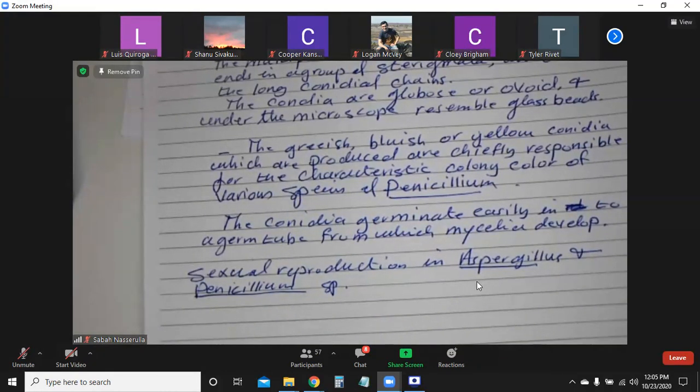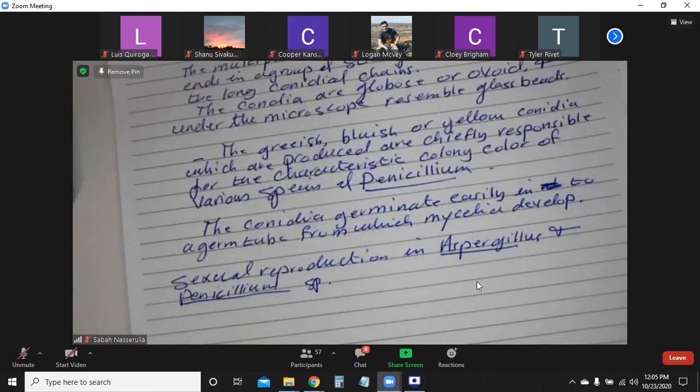Of course, always remember when I say life cycle, that will include both asexual and sexual. So usually when we present the life cycle, we present it like this.